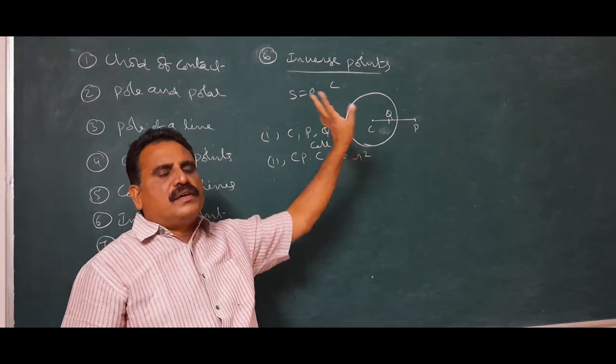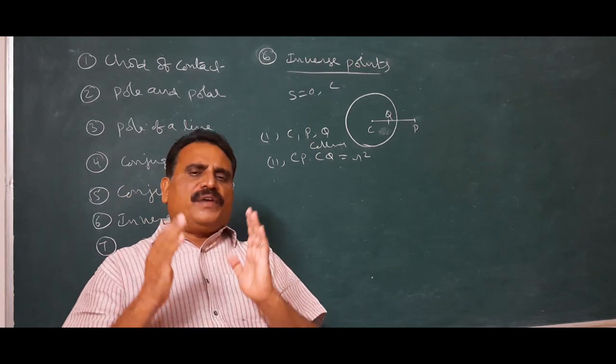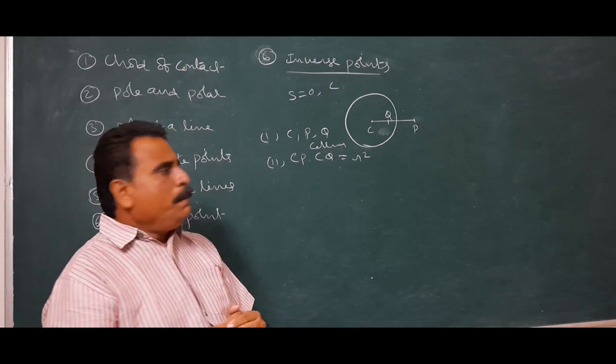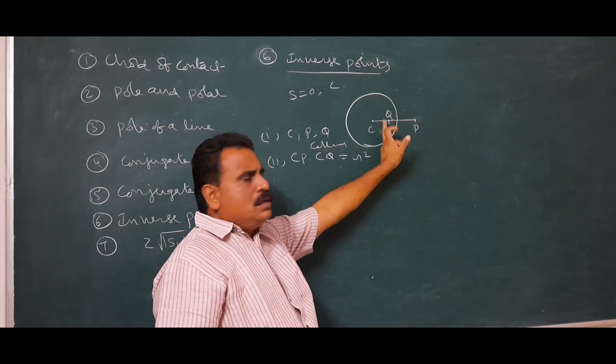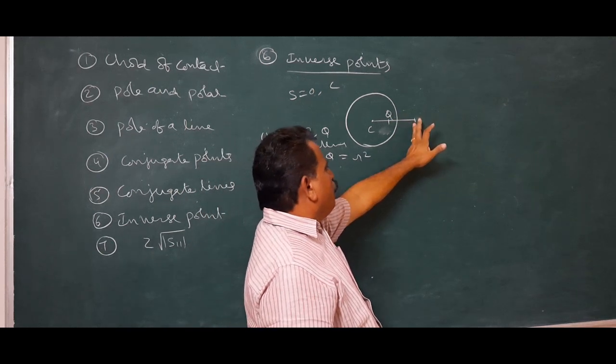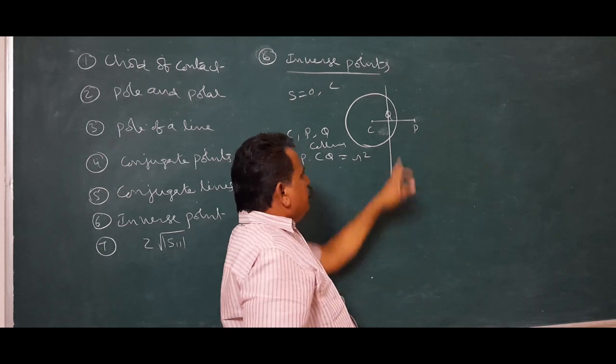R is the radius of that circle. How to find the inverse point of a given point? P is the given point. Simple. First we have to find the polar of P, which cuts CP.